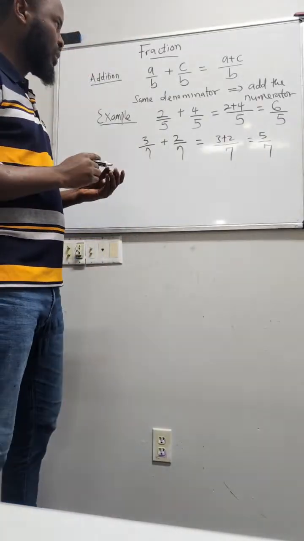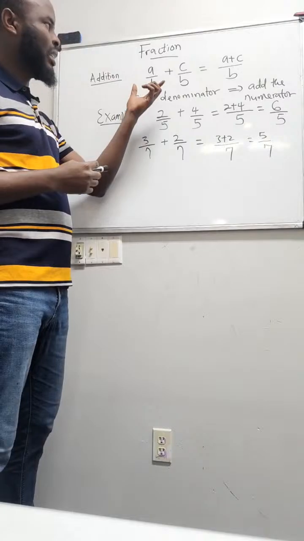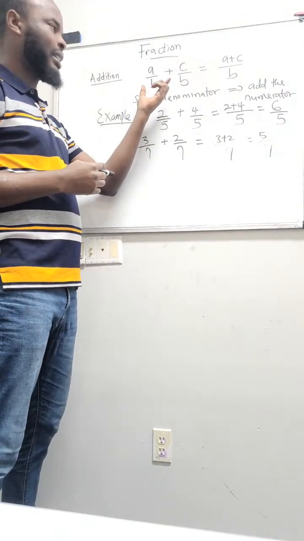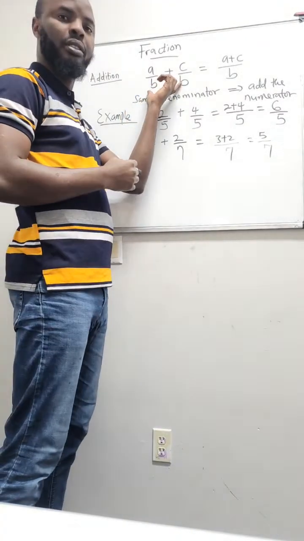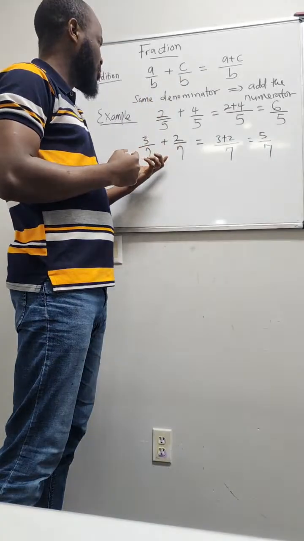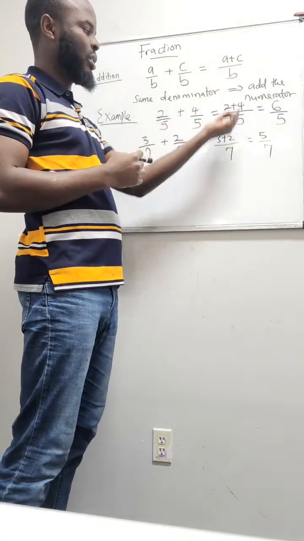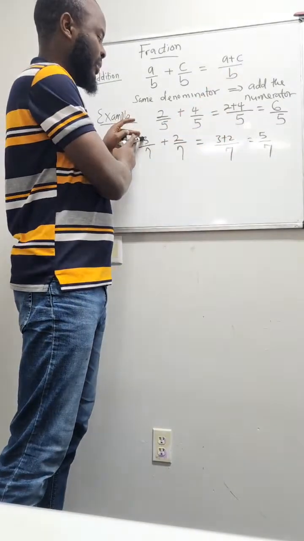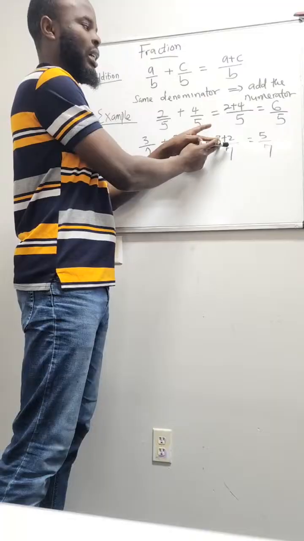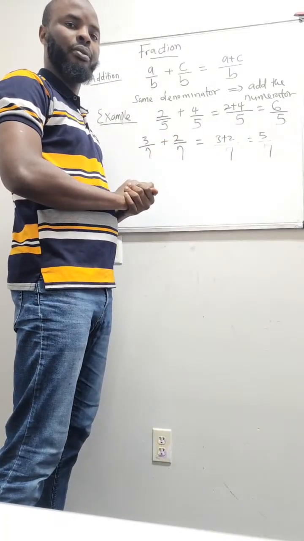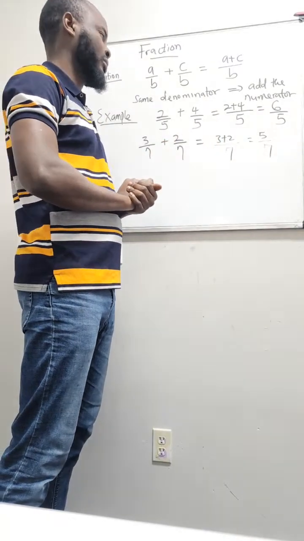So the first rule is this: anytime you are given fractions that have the same denominator, repeat the same denominator, just write it out, and add the numerators together. This is rule number 1.